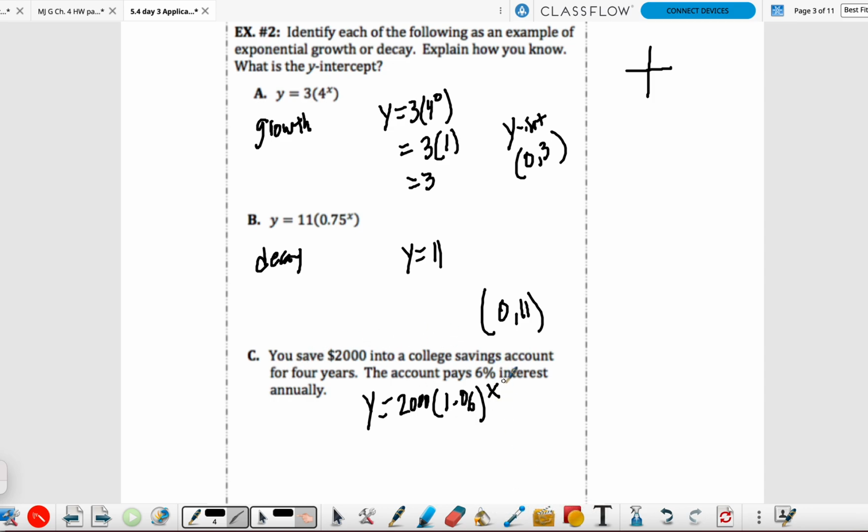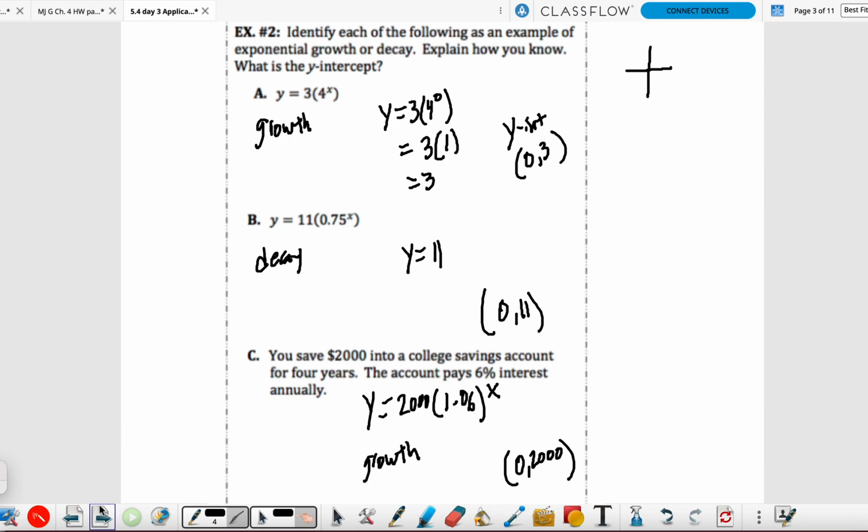And sure, it's 4 years, so we could plug 4 in, but for this particular problem, we're just asked to say whether it's growth or decay. This is growth. The y-intercept is just that number out in front, so that is indeed just 2,000. 0, 2,000.